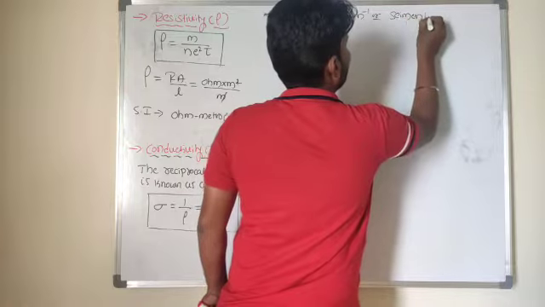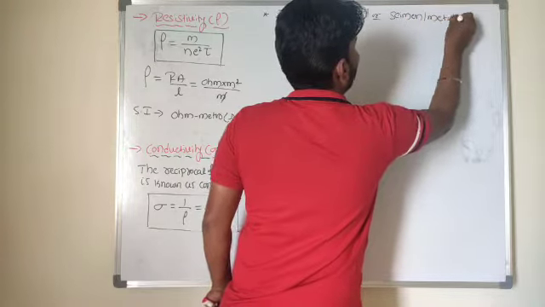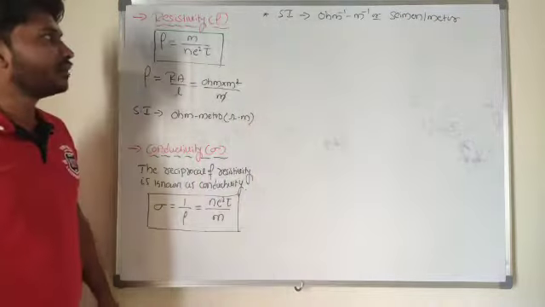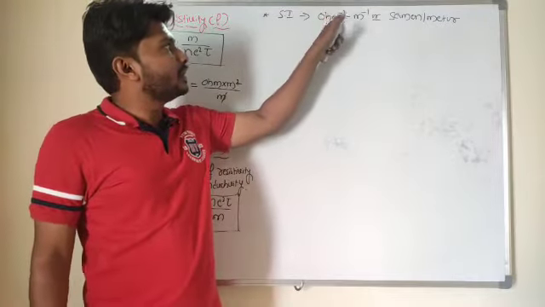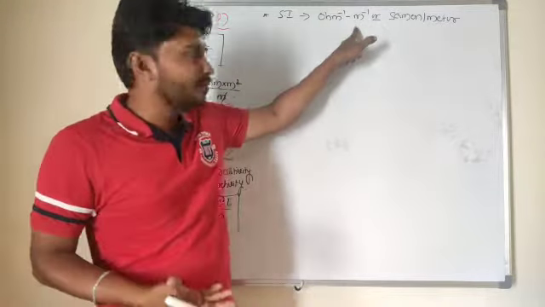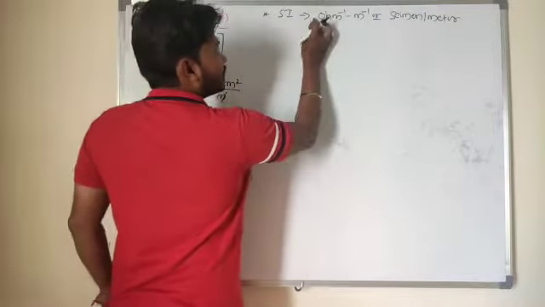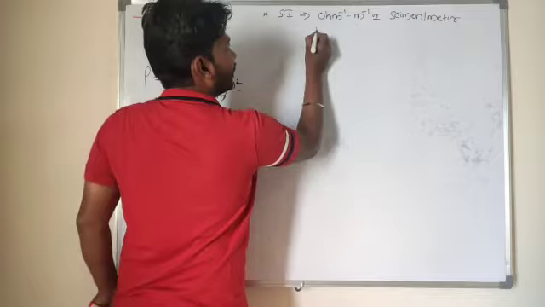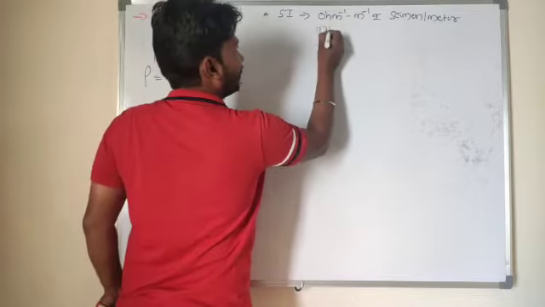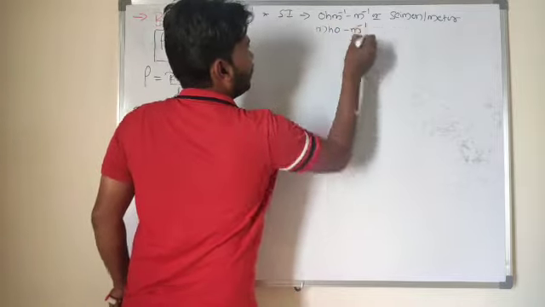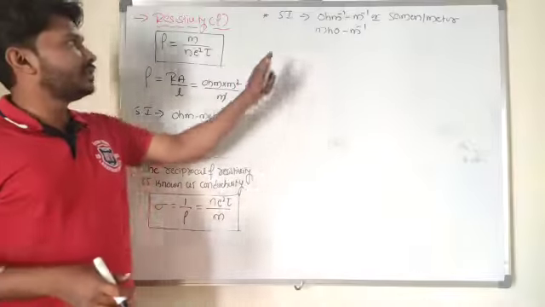Another unit is Siemens per meter, and one more form: writing ohm in reverse, mho per meter. It is also an SI unit for conductivity.